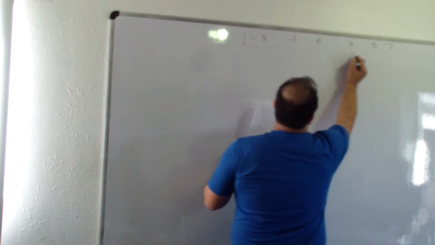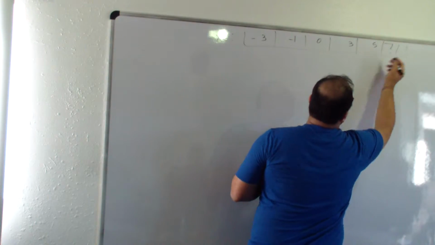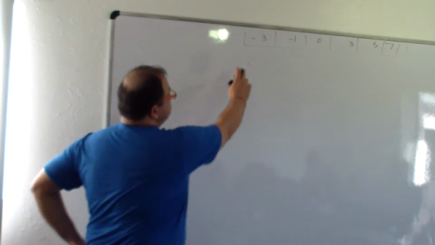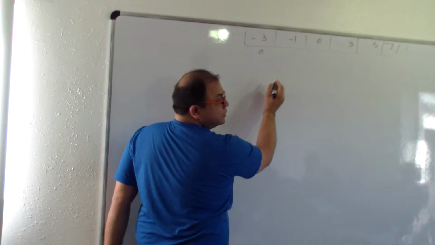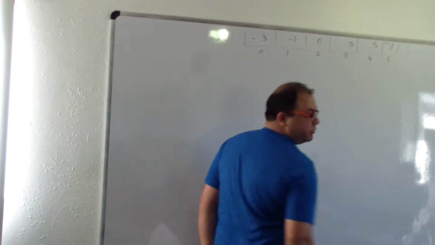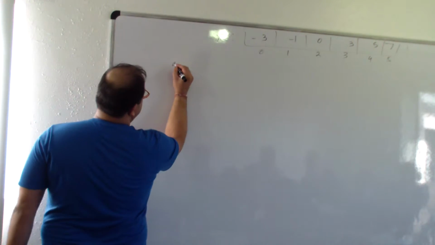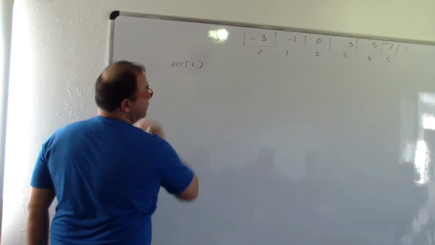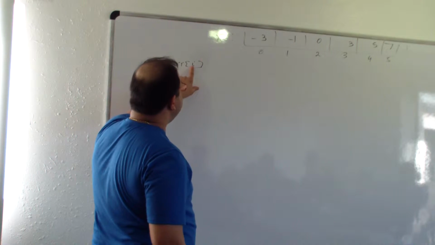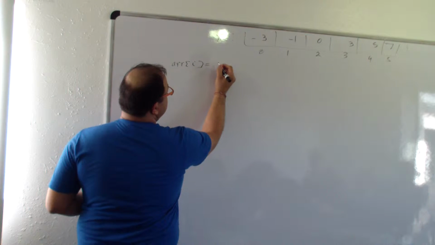Okay. So let's say this is an array, right? This is an array. So this is the 0th position. This is 1, this is 2, this is 3, this is 4, this is 5. If I say ARR of I, like ARR of 0, it will be minus 3, right?